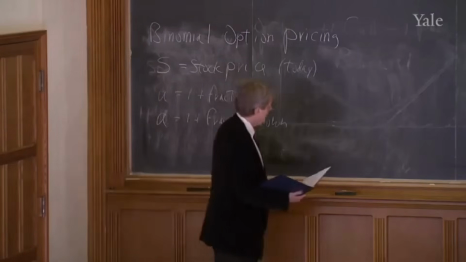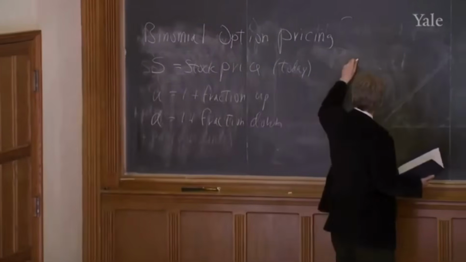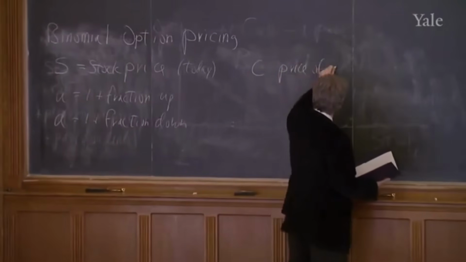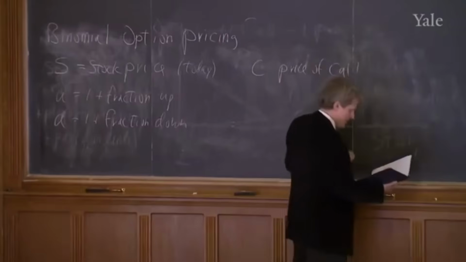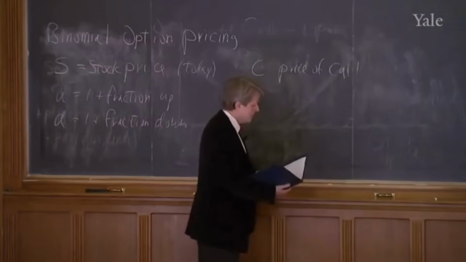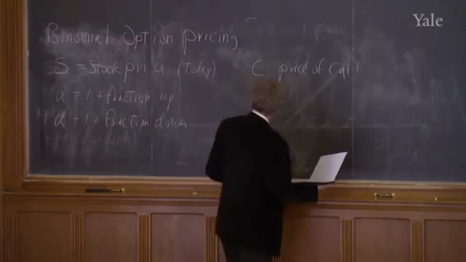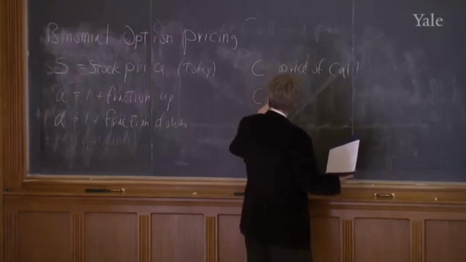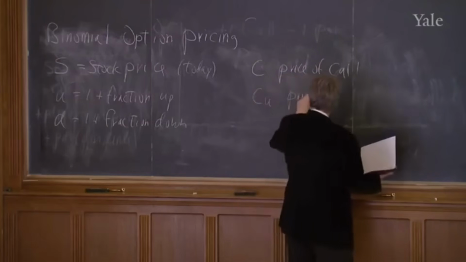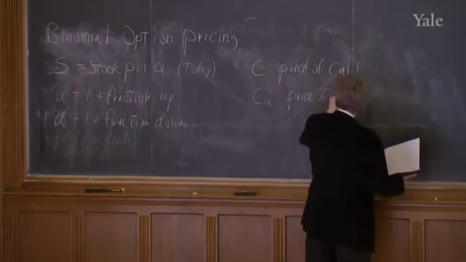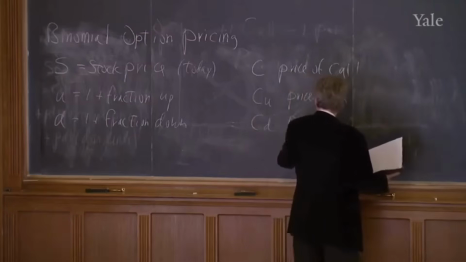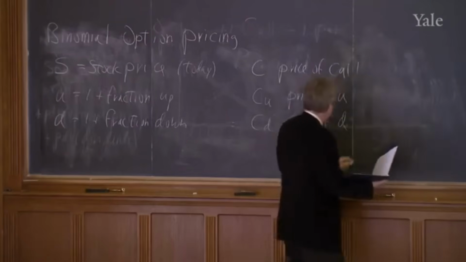But now we have a call option. Call C the price of the call. We're going to try to derive what that is. But we know from our broken straight line analysis, we know what C_U is, the price if the stock goes up, and we know what C_D is, the price if down.